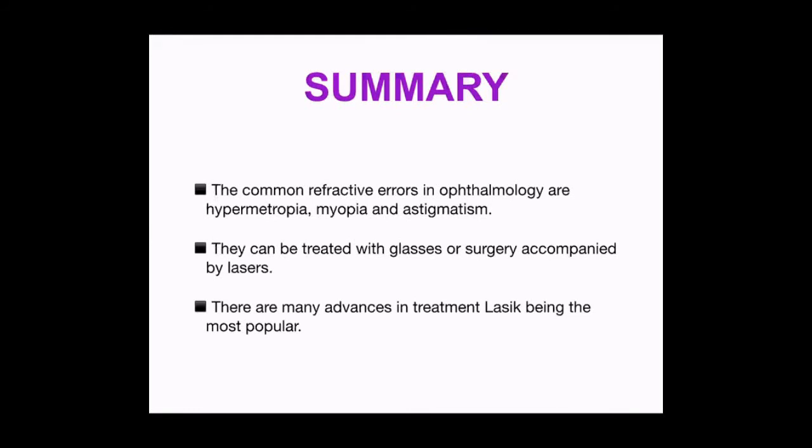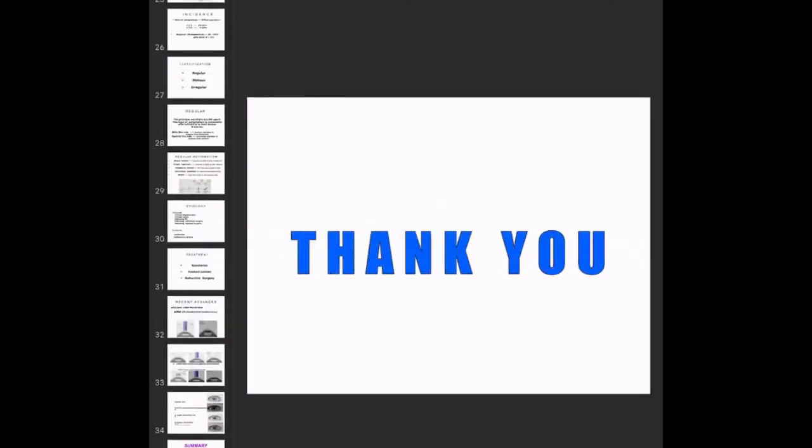Nowadays, not many surgical procedures are done, but lasers are the popular choice. Since lasers are so popular, LASIK is the most popular of the laser treatments. So that is it. If you have any questions, you can just ask me in the chat box.